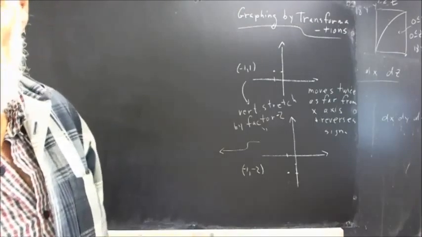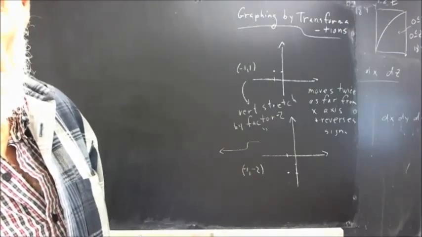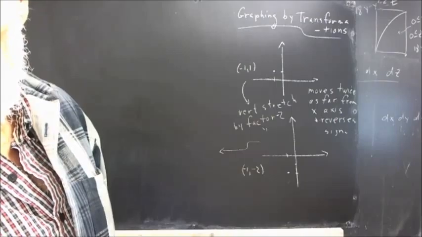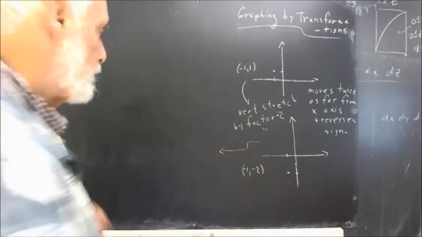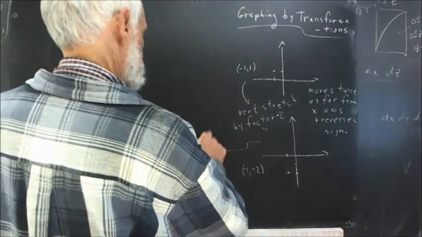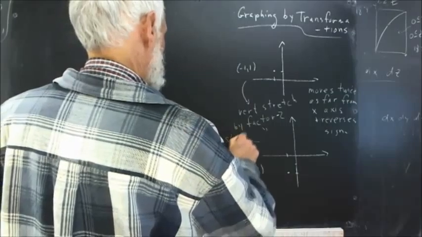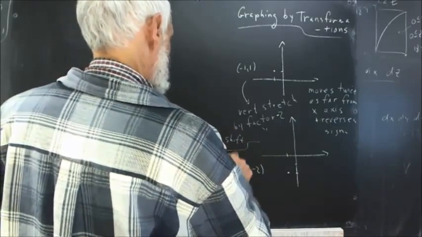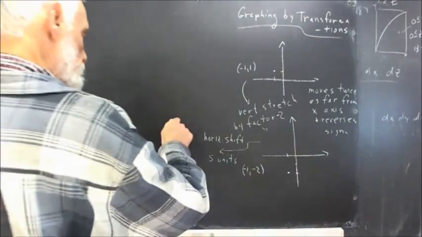Now I'm following the example, okay, we're going to do a horizontal shift of 5 units. I'm staying as close as I can to the examples on the handout.